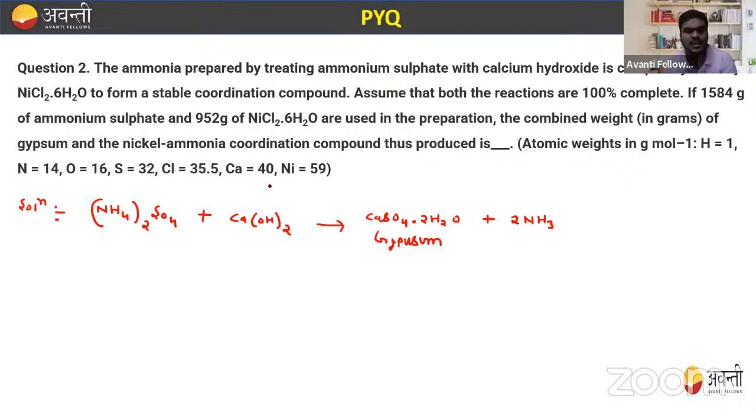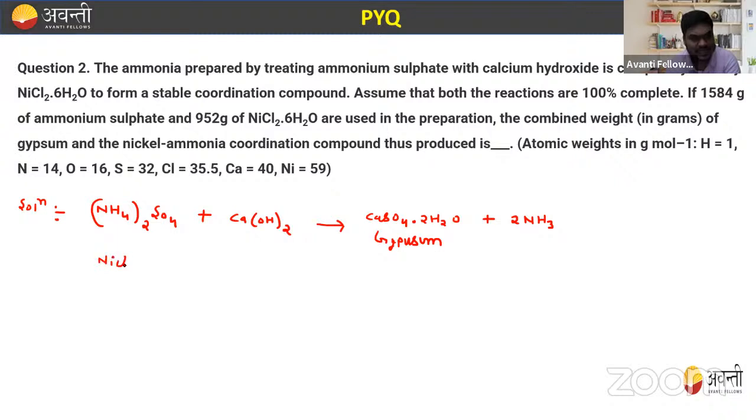Now in the second statement, it states that it is completely used by NiCl2. That is, the amount of ammonia formed here is directly used by NiCl2.6H2O to form a stable coordination compound. So what happens in the next step, beta?